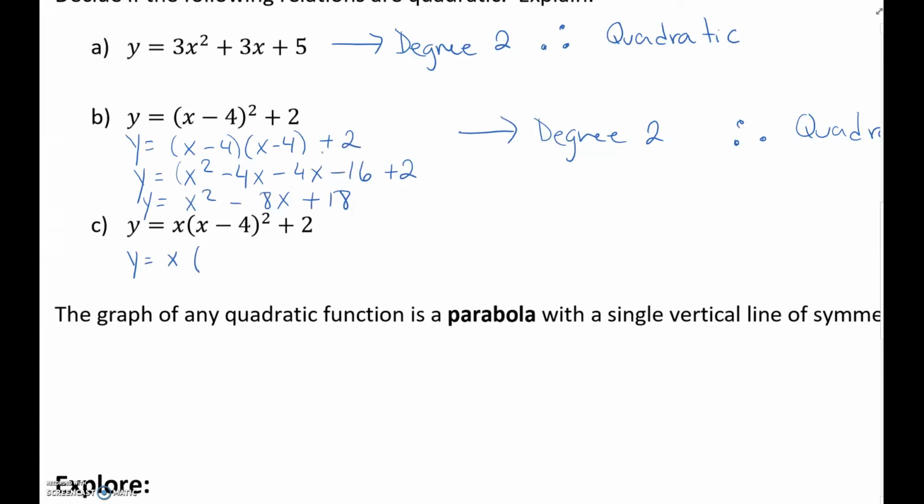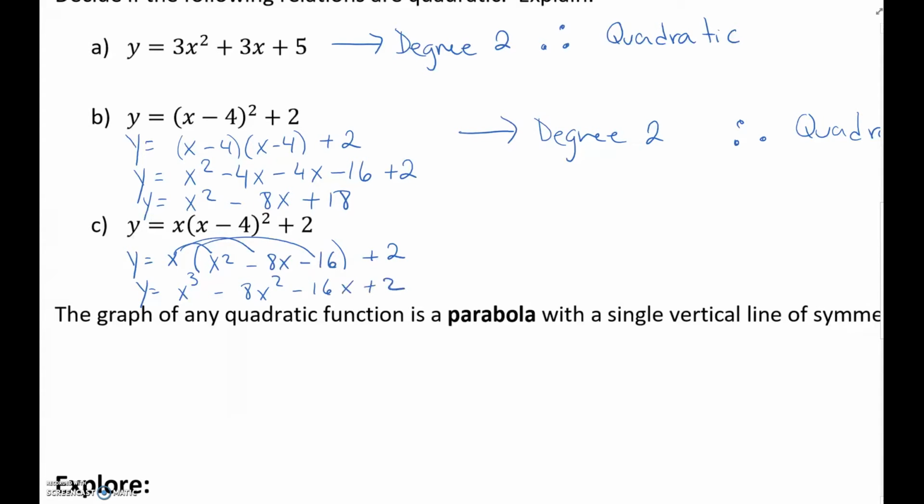Erase that so it doesn't confuse us when you go back. So that would be x squared minus 4x. Well, they combine. So minus 8x minus 16. And then you still have a plus 2 at the end. But we need to distribute that x in there. So this becomes y equals x cubed minus 8x squared minus 16x plus 2.